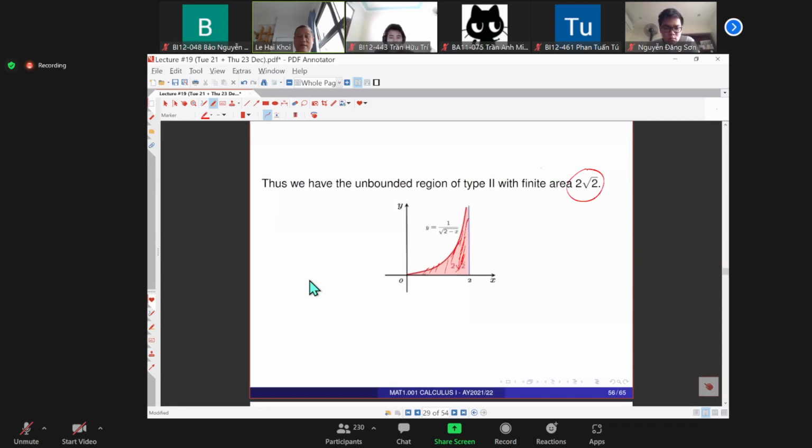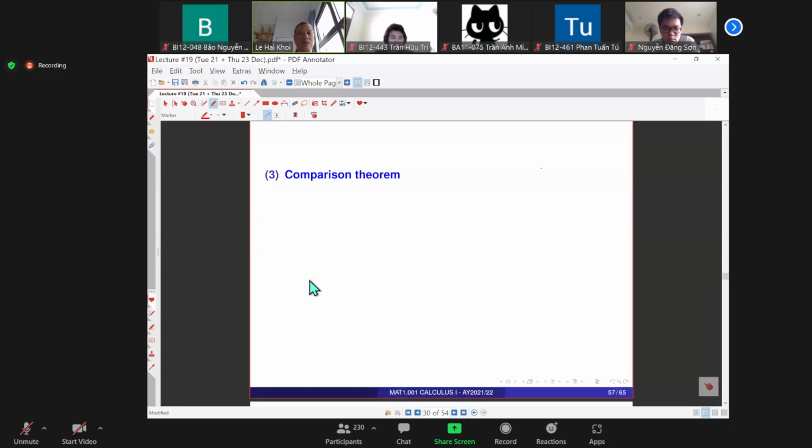But very nice. Now we move to the so-called comparison theorem. Here, you should be able to apply the comparison theorem to improper integrals of type 1, which means that the upper or lower limit is infinity, and also type 2.